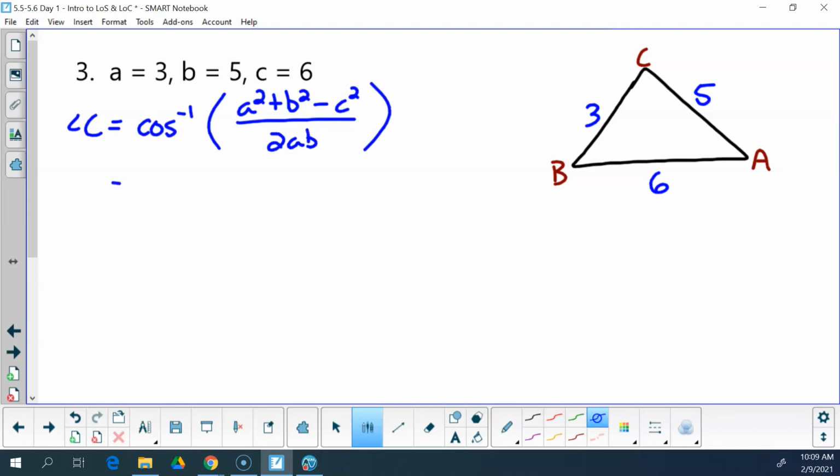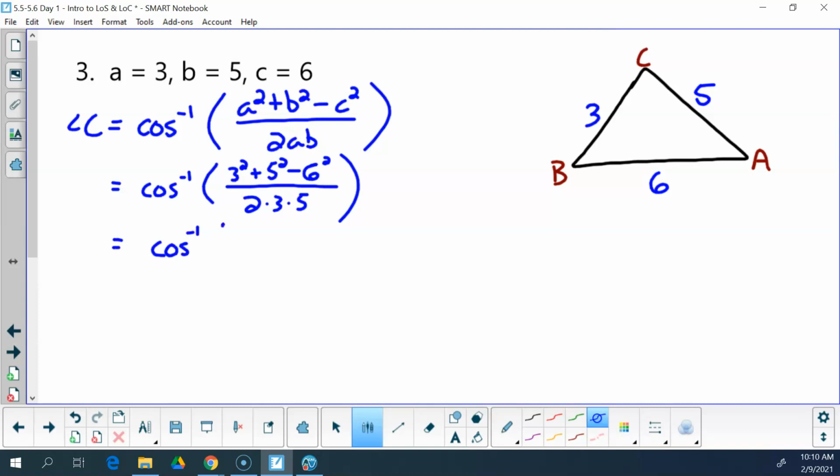So that is the inverse cosine of 3 squared plus 5 squared minus 6 squared, all over 2 times 3 times 5. 9 plus 25 is 34. 34 minus 36 is negative 2. 2 times 3 times 5 is 30.